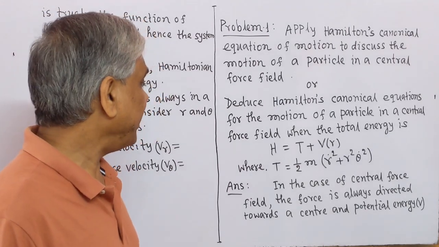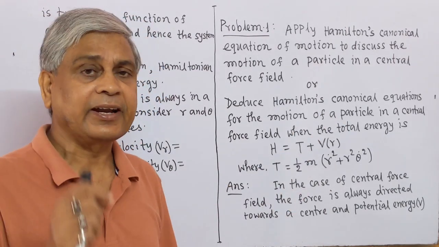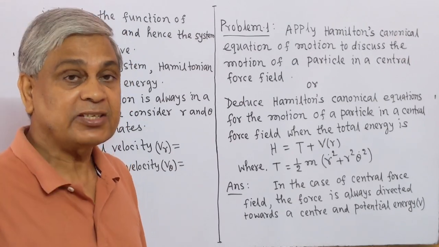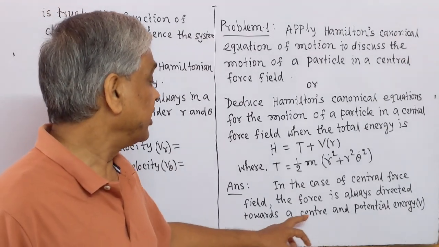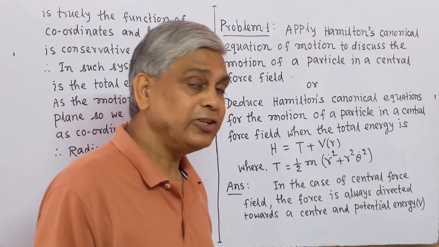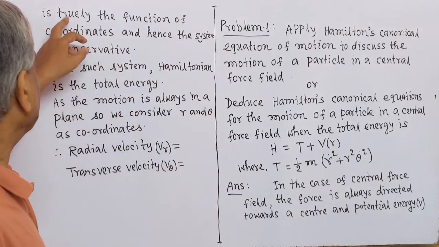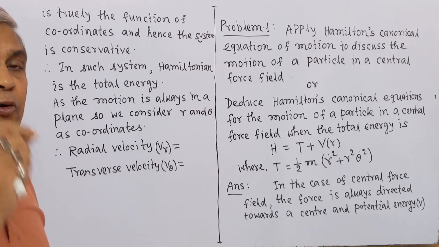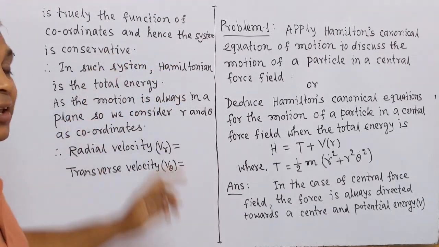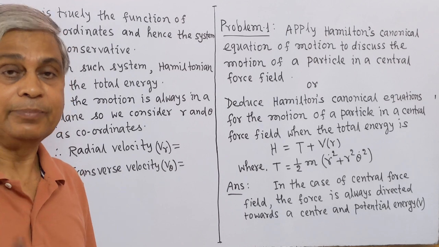Since we know that in the case of a central force field, the force is always directed towards a center and the potential energy V is purely a function of coordinates, and hence the system is conservative.